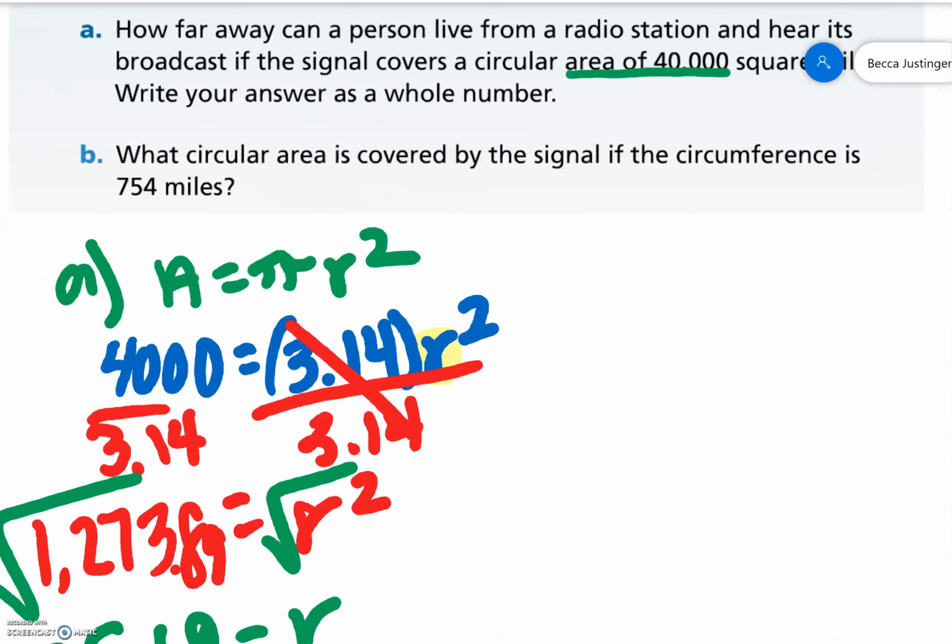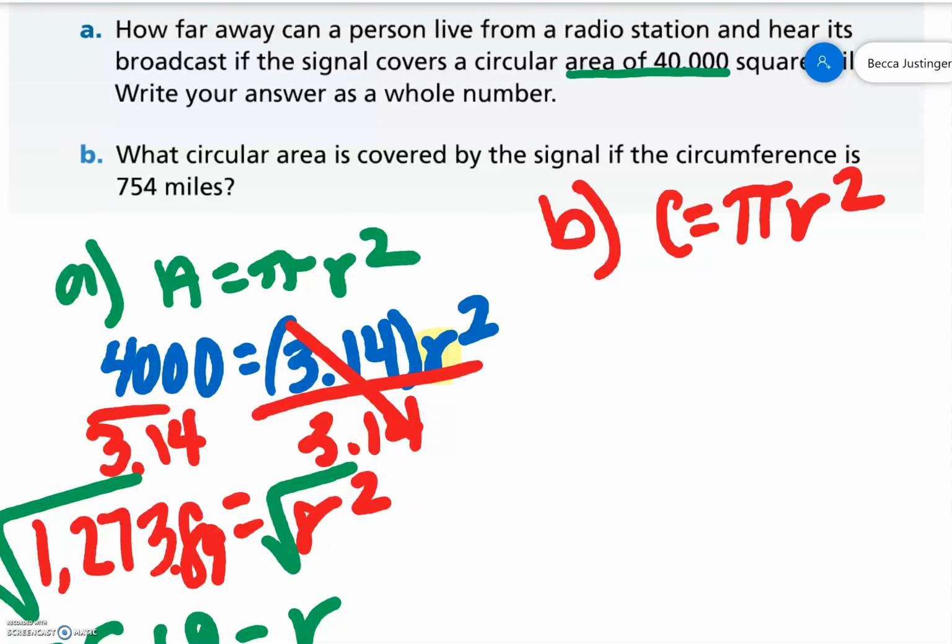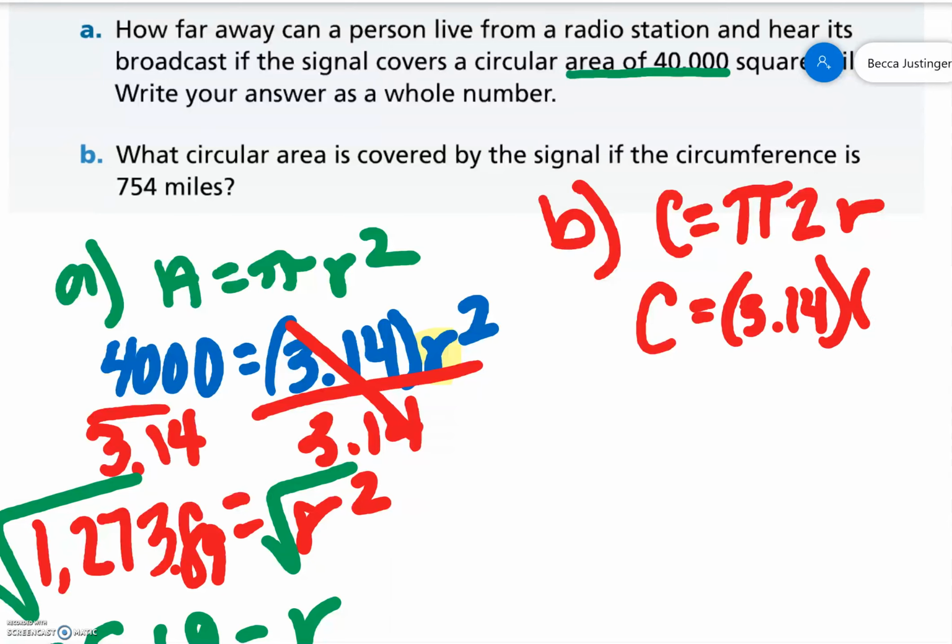B. What circular area is covered by the signal if the circumference is 754 miles? So we know circumference equals pi 2r, because it's pi d. So circumference equals 3.14 times 2 times r, but I actually do know the circumference, so I don't want to write that.